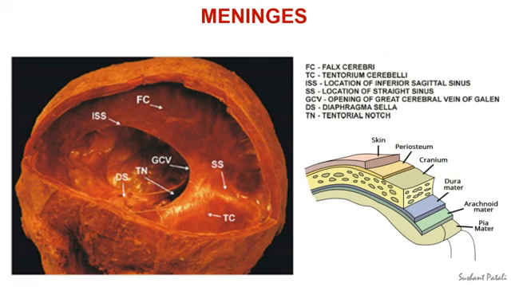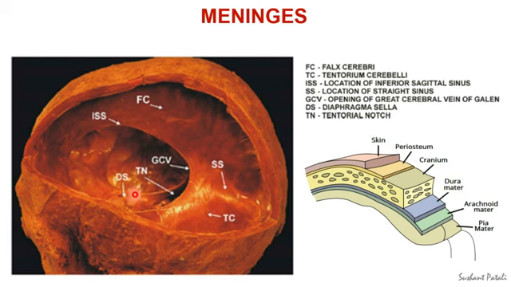If you look at the cranial meninges, the dura mater has two layers. The one which is closely adherent to the surface of the bone is known as the endosteal layer, and the other one is known as the meningeal layer. The dura mater of the cranial meninges has modifications: the falx cerebri, the falx cerebelli, the tentorium cerebelli, and the diaphragma sellae.